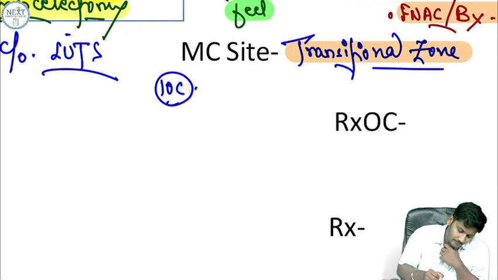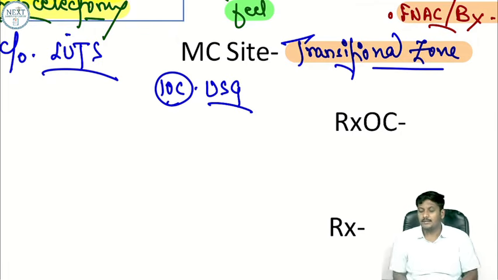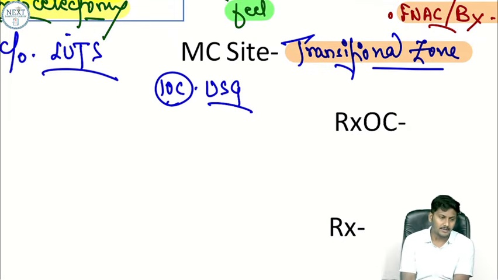Anybody, let me know? Because ultrasound will only tell me that the size of the prostate has enlarged, and second, that the post void residue is more than 100 cc. So whenever the size of the prostate is enlarged and the post void residue is more than 100 cc, we know that the prostate gland has been enlarged, and that is a case of BPH or prostate cancer.